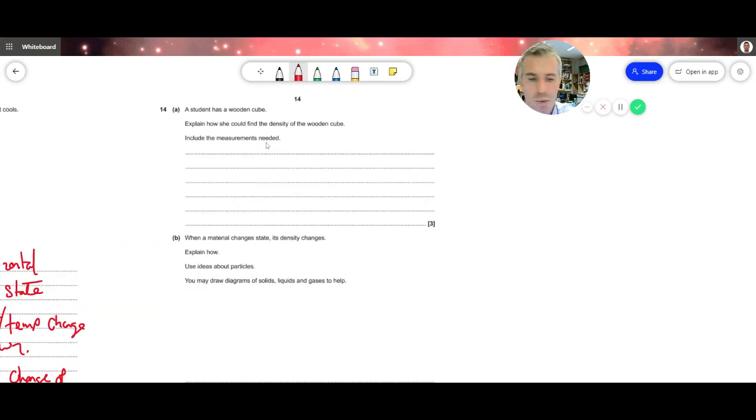A student has a wooden cube. Find out how they measure the density of the wooden cube. Okay, so the first thing you need to do is you need the equation to work out density. Density is equal to mass over volume.